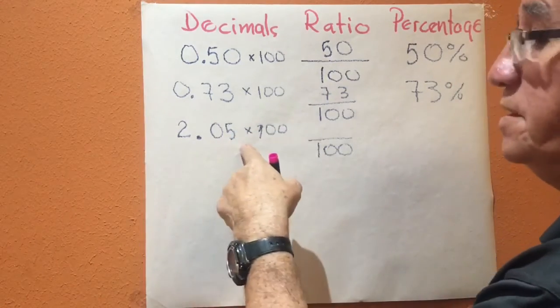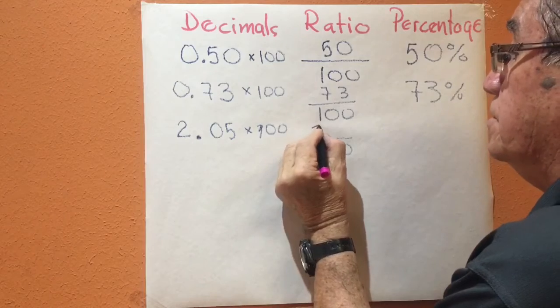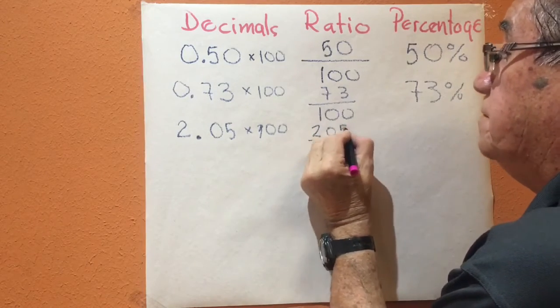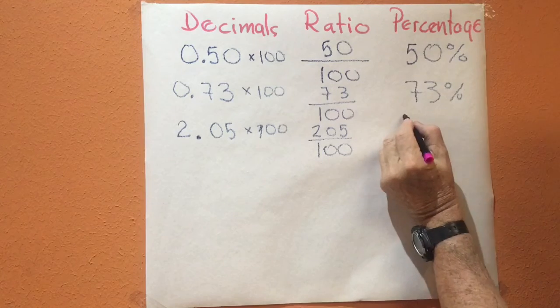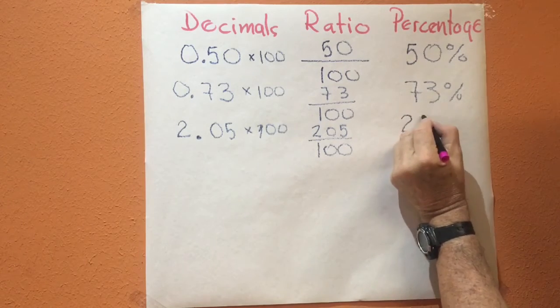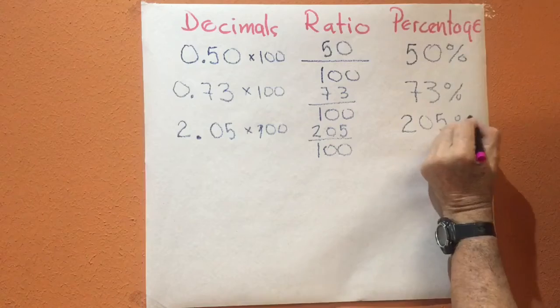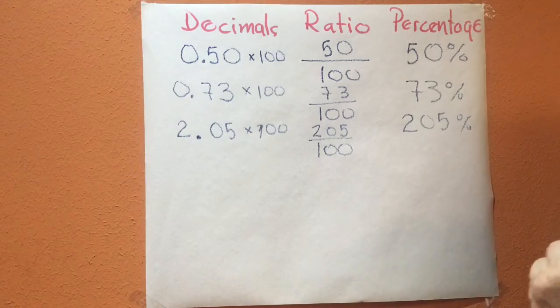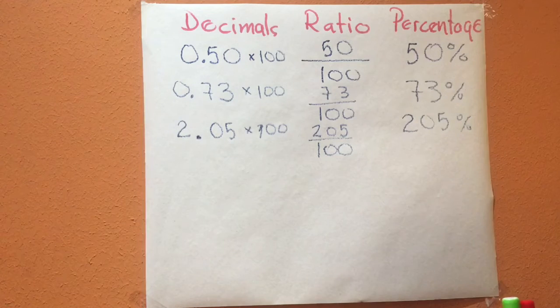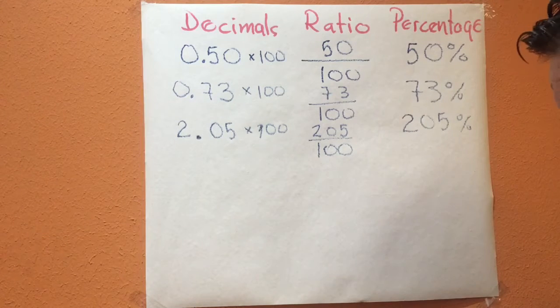And this is going to become 250, which in turn will be, as a percentage, 250%. That means that this number is 2.5 times bigger than the original one. Okay? Well, is it understood? I think this is clear.